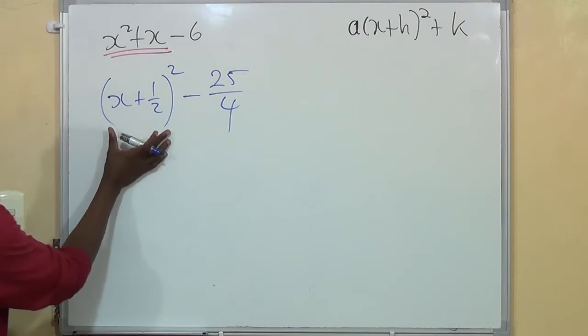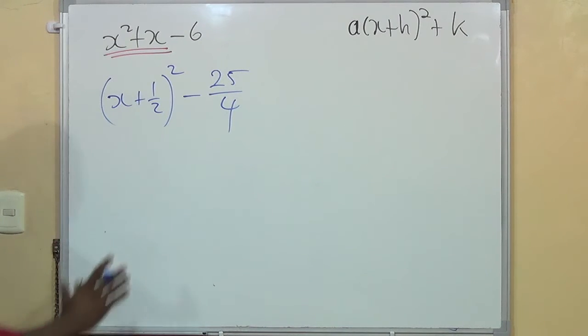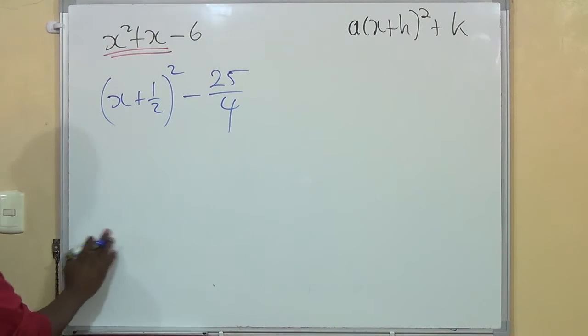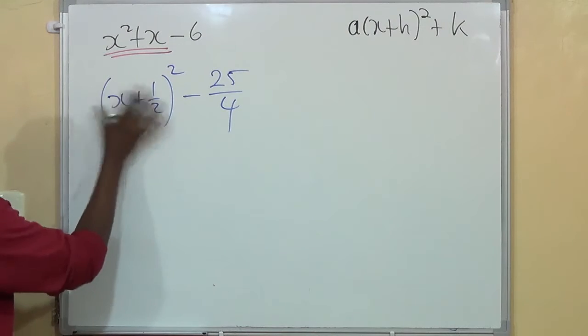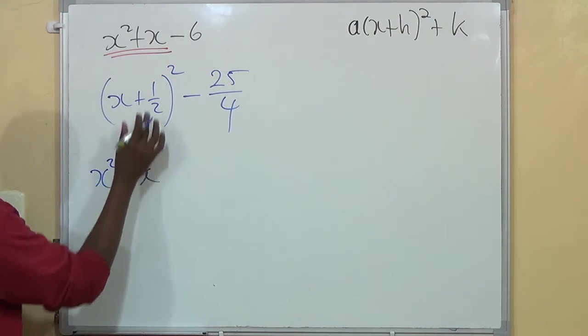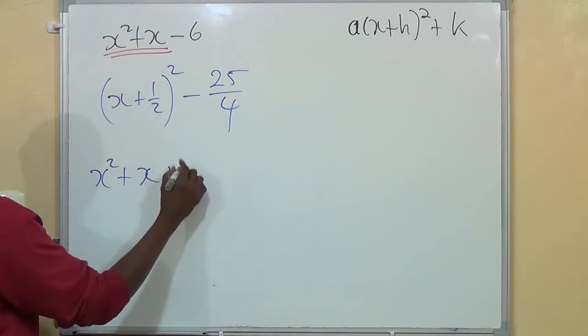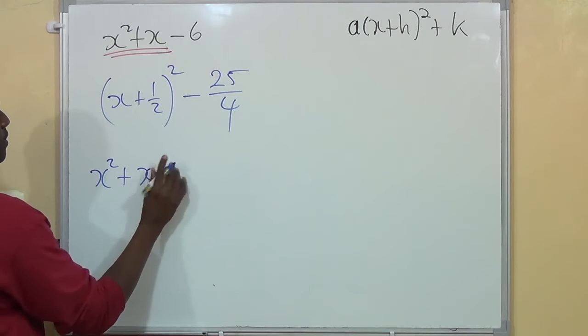Alright, so we know from the regular expansion of a plus b in brackets all to be squared, which I'm not going to discuss now, we did that in the very first video, this all to be squared will be x squared plus x, a half by 2 is 1, plus a half squared will be 1 over 4.